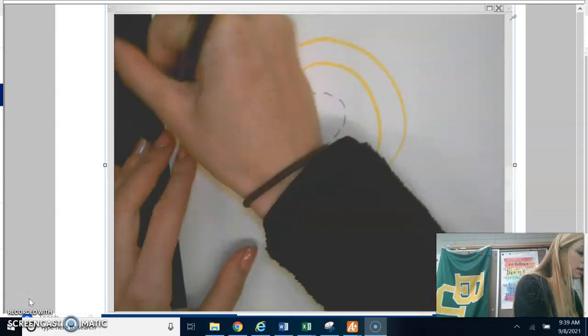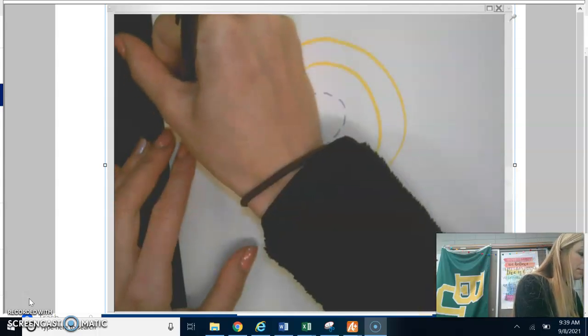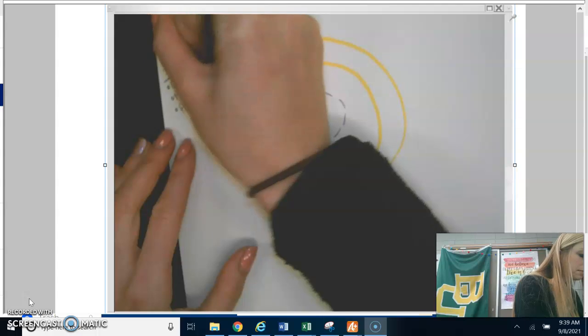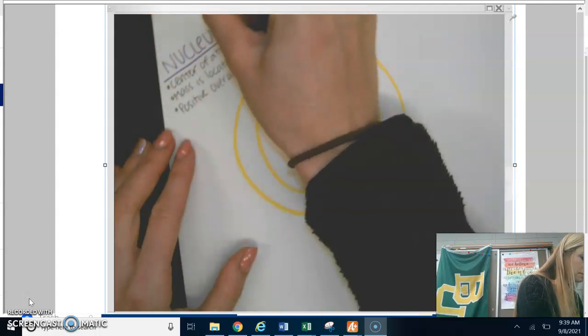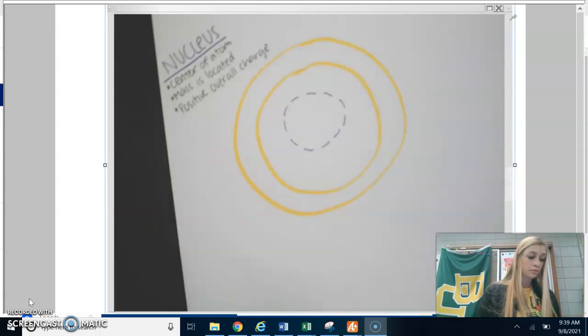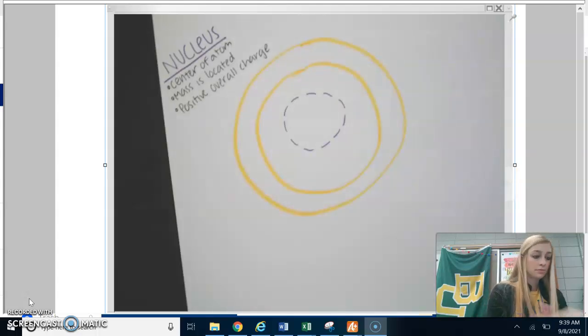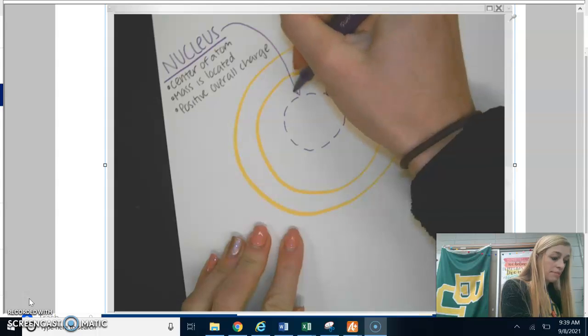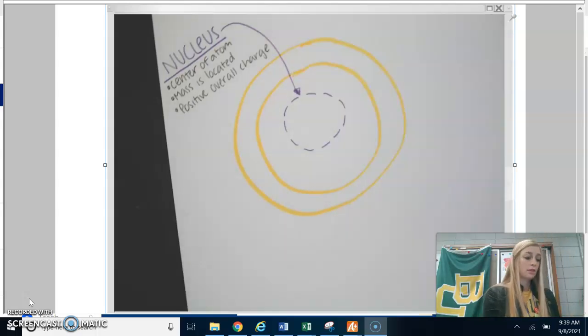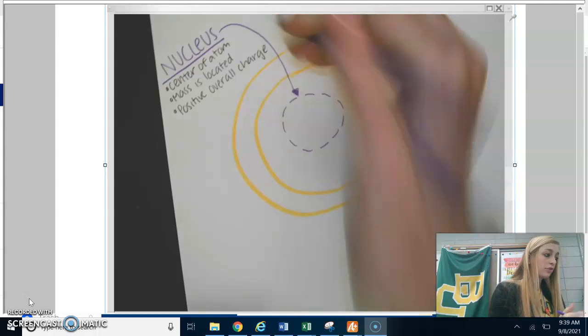And the nucleus has a positive overall charge. So the nucleus is in the center of the atom. It's where the mass is located. It has a positive overall charge.